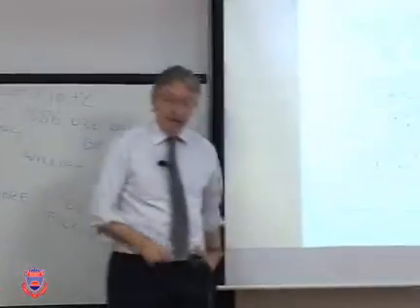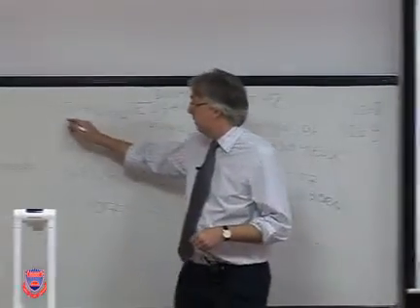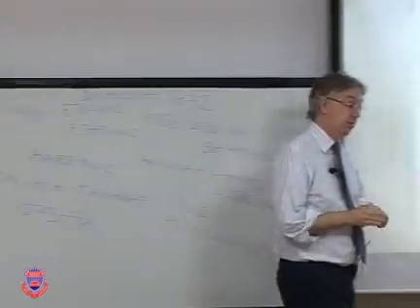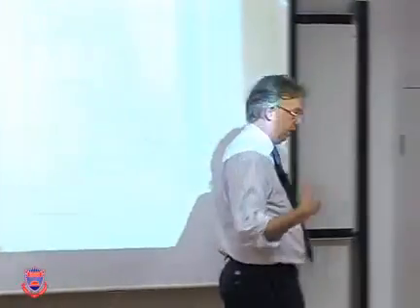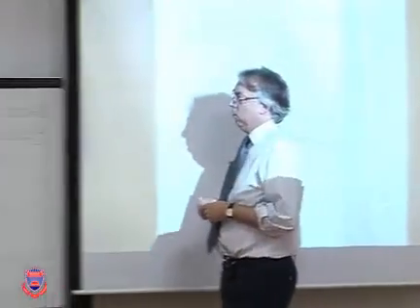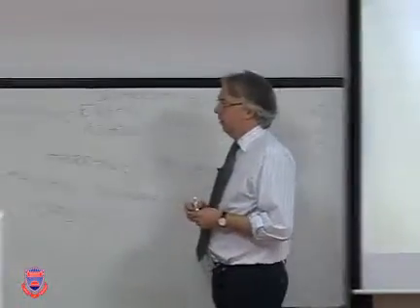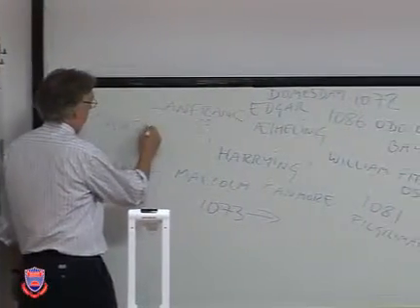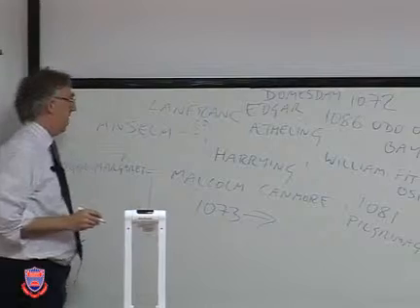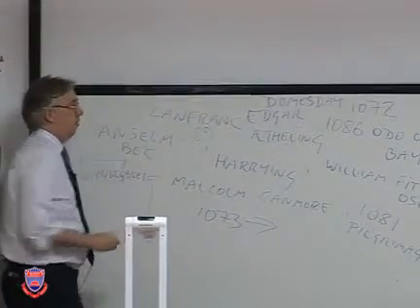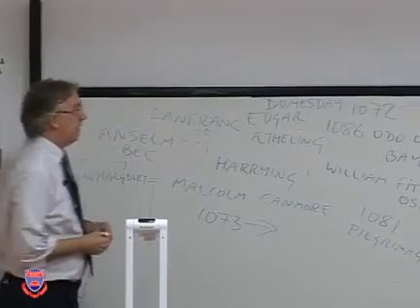Okay, and a couple of years later, 1089, Lanfranc dies. So this important supporter from the church dies. William, by various means, eventually, after a few years, persuades a guy called Anselm, who was abbot of Bec, to become Archbishop of Canterbury.